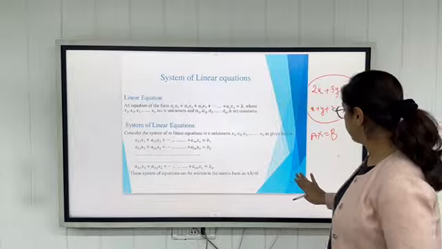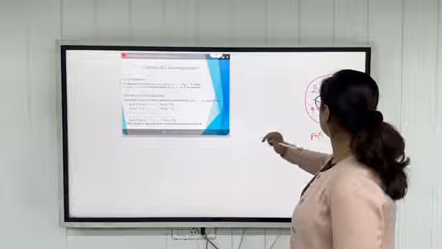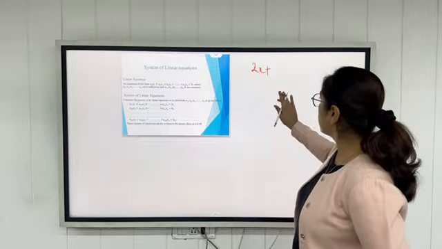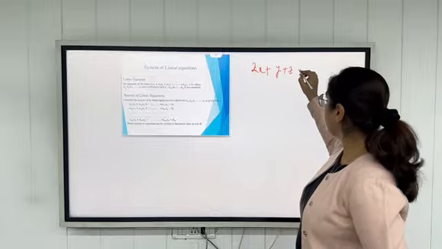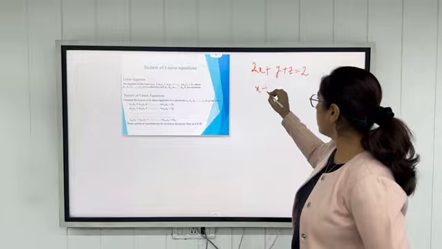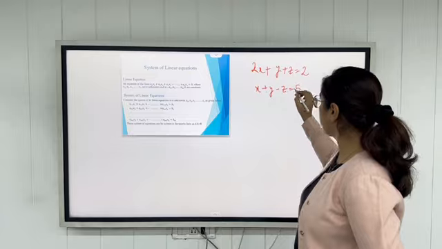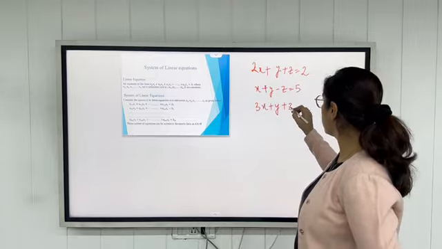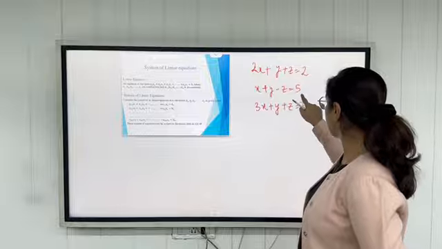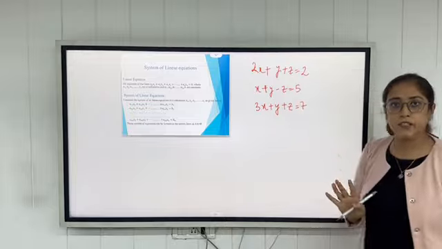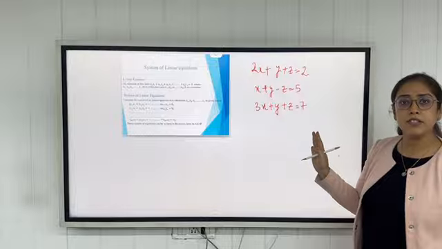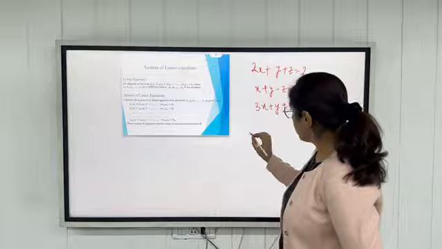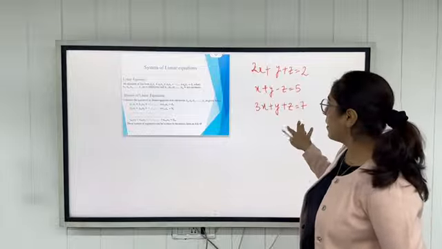Suppose I have these 3 equations: 2x plus y plus z is equal to 2, x plus y minus z is equal to 5, and the last one 3x plus y plus z is equal to 7. So this is more than one linear equation. Here there are 3 linear equations, so this is a system of linear equations, and now I will write it in the form of a matrix. How?